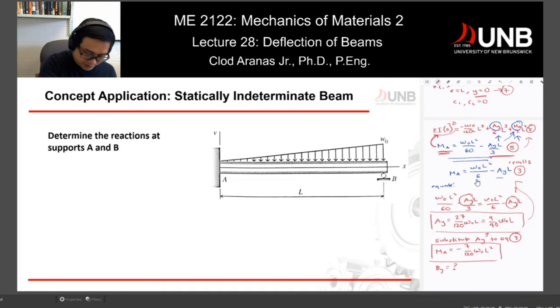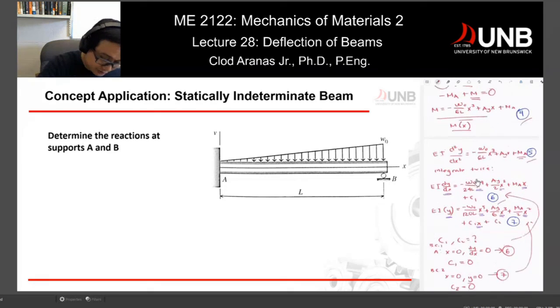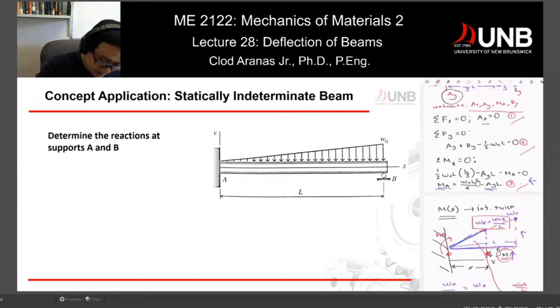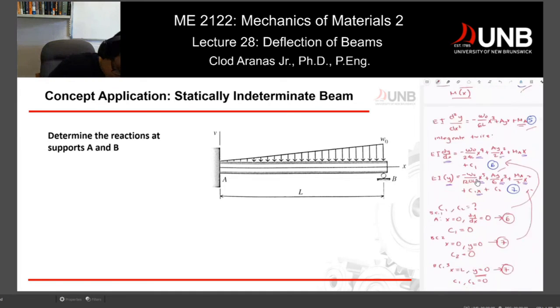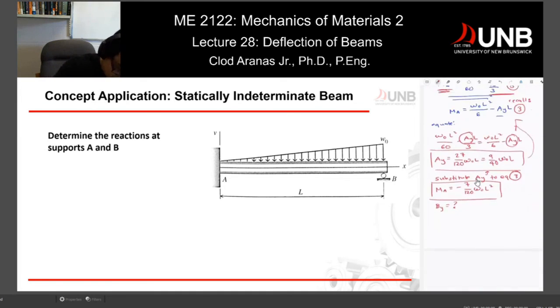And if you go up to your equation, and I'm going to scroll it right here. So now this equation, number 2, you have A_y, you have B_y. Now I can calculate my B_y using equation number 2.